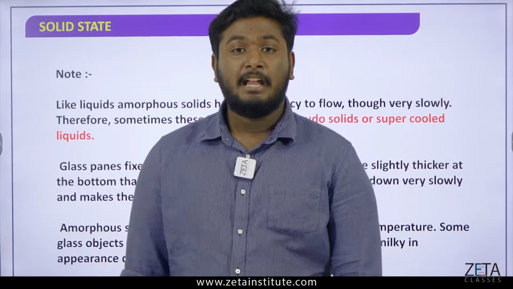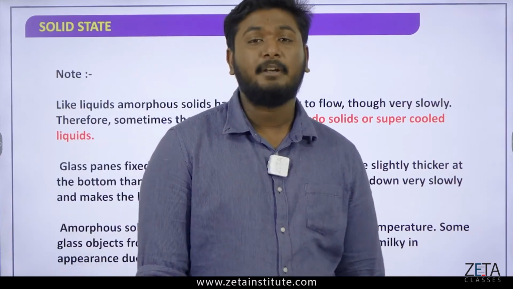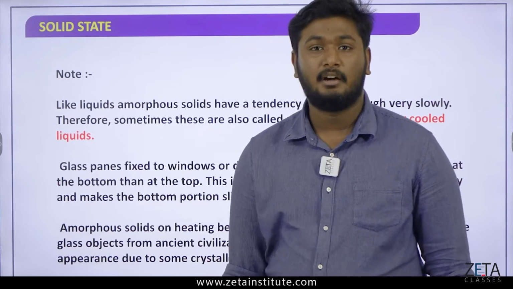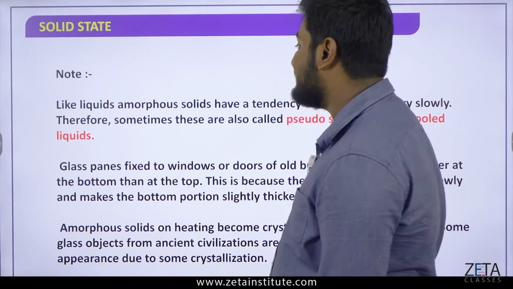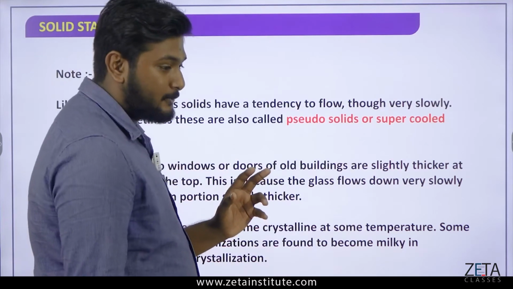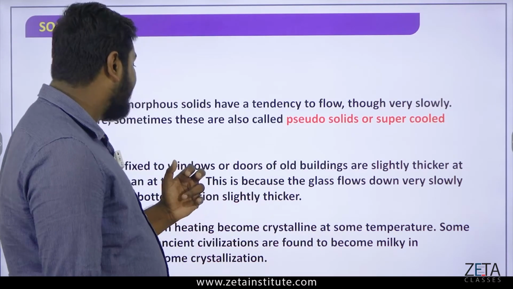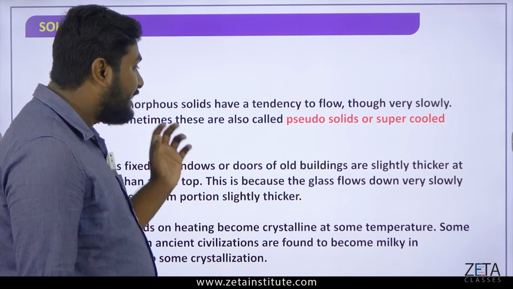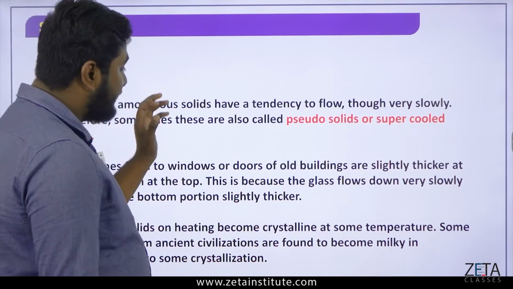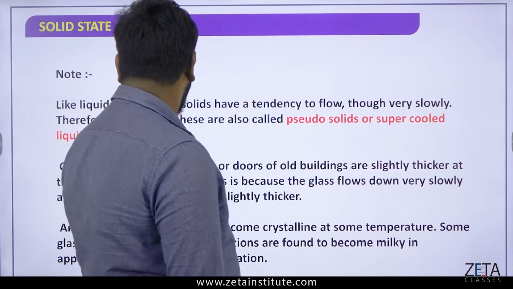Now one more important property of amorphous solids, which we already discussed in the states of matter chapter, class 11. Like liquids, some solids, amorphous solids, have a tendency to flow very slowly, so they are sometimes called pseudo solids or supercooled liquids.